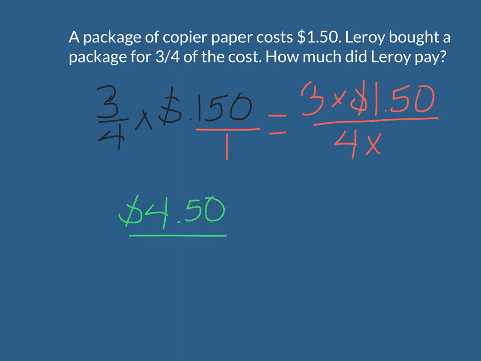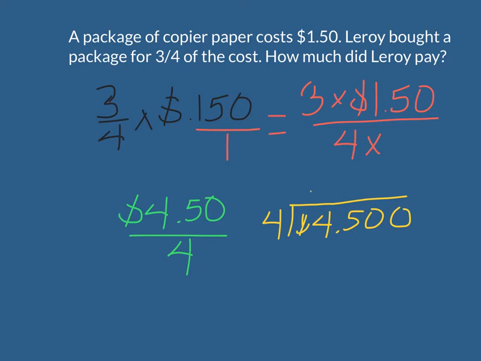over 4. Now I need to divide so that way it's not an improper fraction. So I'll do that right here. I have 4 going into 450. I'm going to put an extra 0 out just in case.